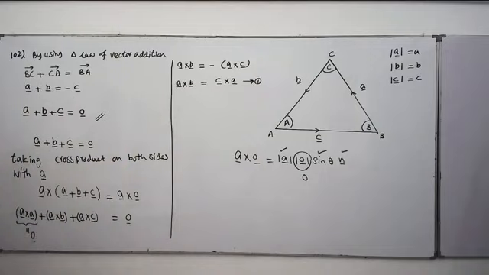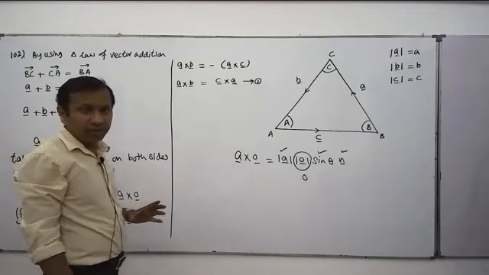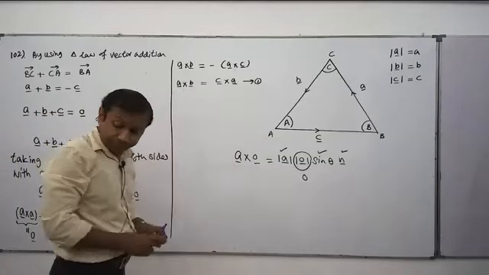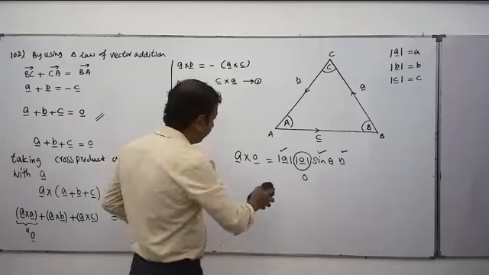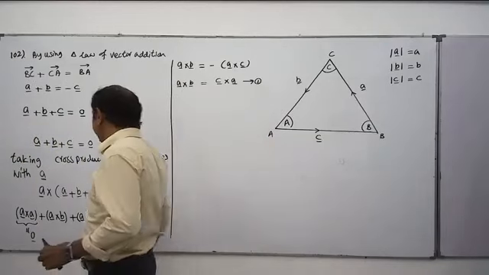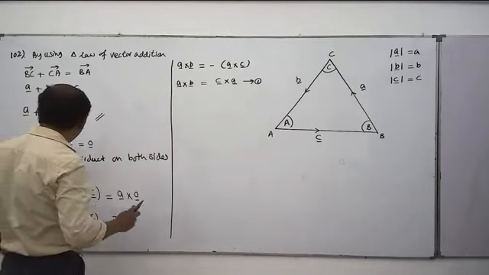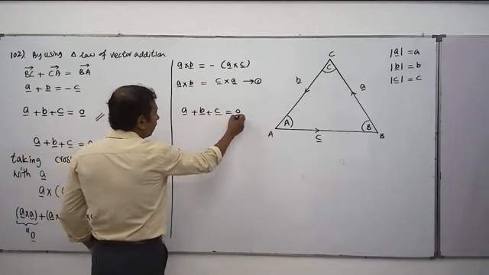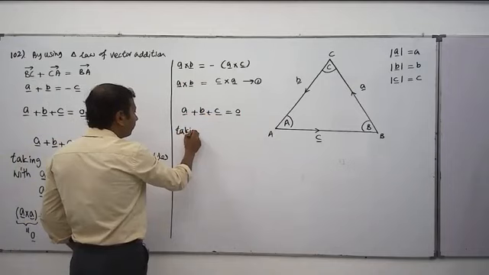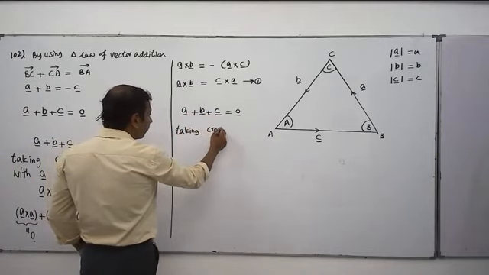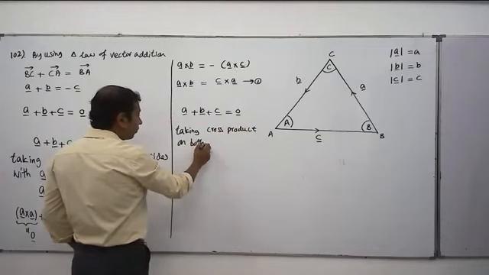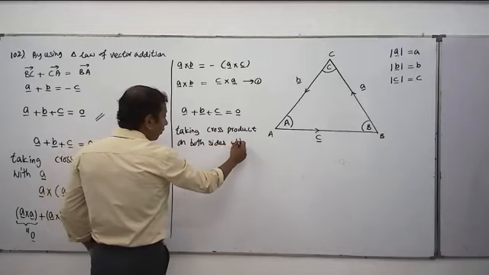Secondly, people, what we do is this. Both sides of this, we take the cross product with vector B. Taking the cross product on both sides with vector B, again A plus B plus C is equal to the null vector.